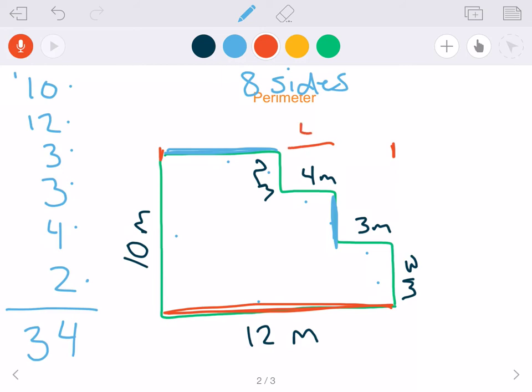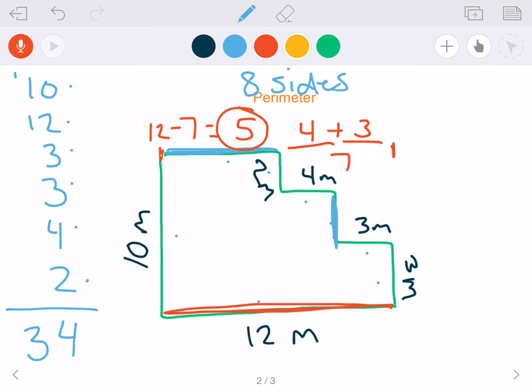Right now, I know that this length is 4, and I know this length is 3, and 4 plus 3 is 7. What I'm looking for is what do I add to 7 to get to 12. So we're going to take 12 minus 7, and that's going to equal 5. So 5 is one of my missing side lengths.